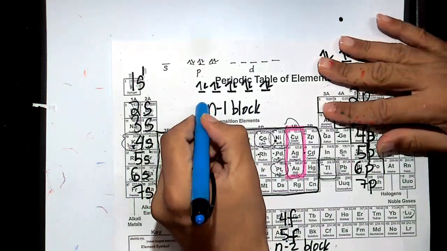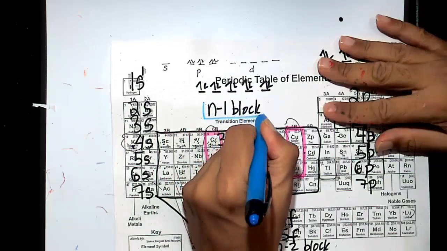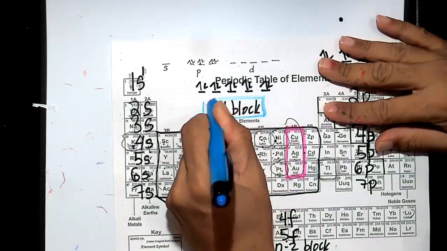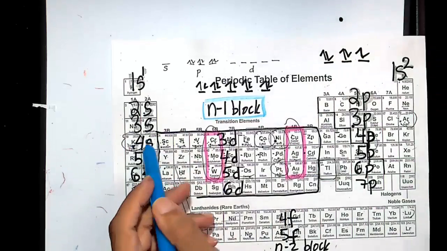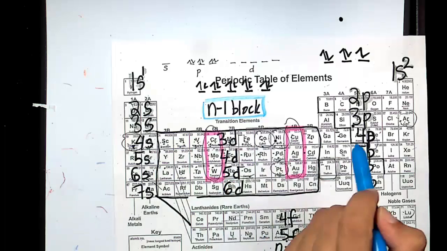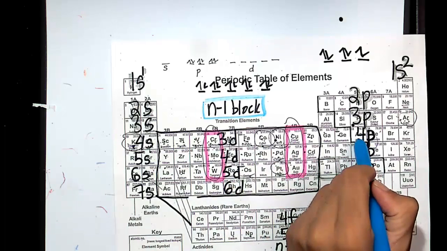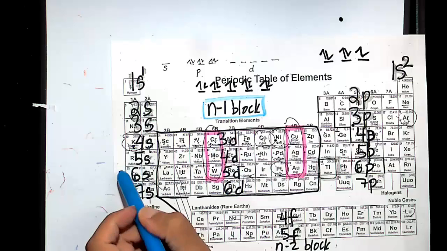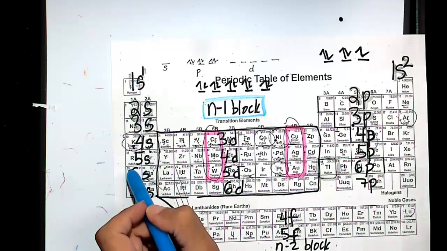The d block is known as the n-1 block. They take the principal quantum number and subtract 1. So they'll fill 3d. Then after 3d, we go to 4p. After 4p, we fill 5s.